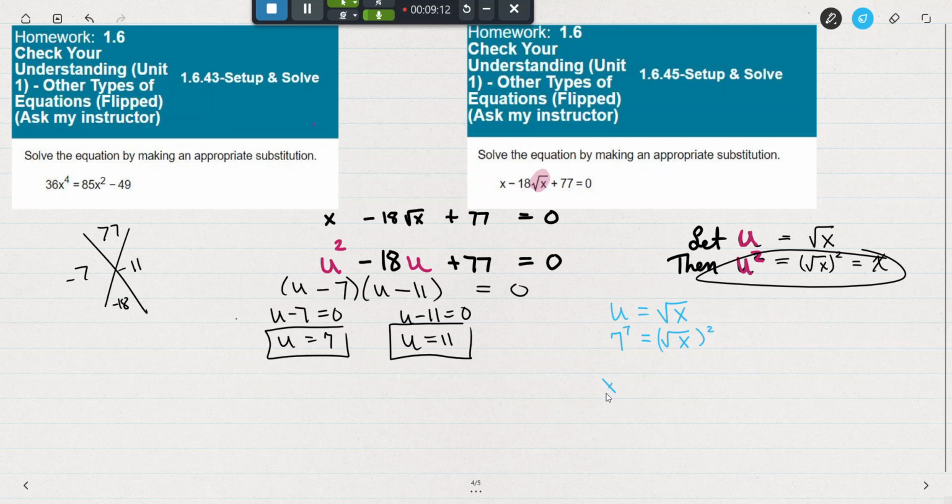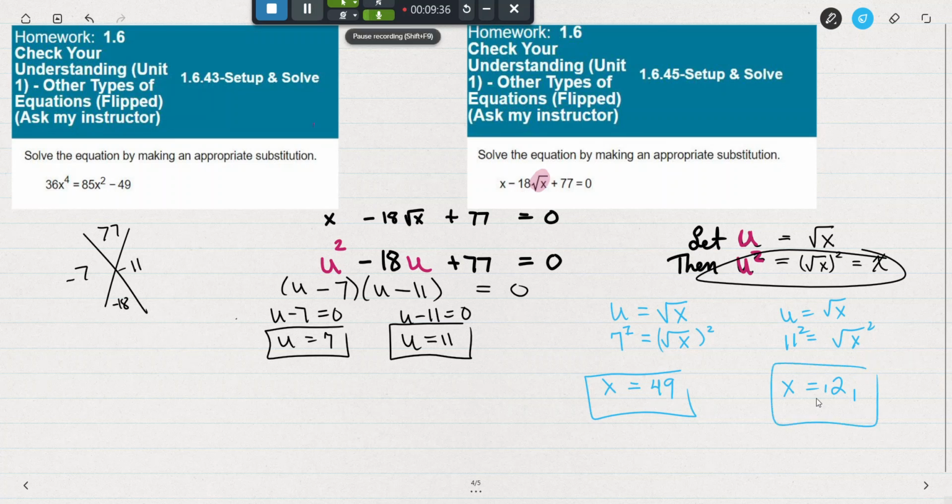And I'd get that x is equal to 7 squared, or 49. And then if u is the square root of x, and I've solved for u is 11, then if I square both sides, I'd get that x is equal to 121. So it looks like our two solutions are x equals 49 and x equals 121.